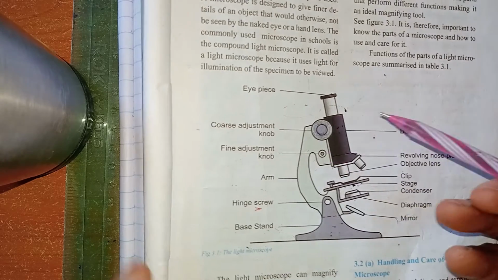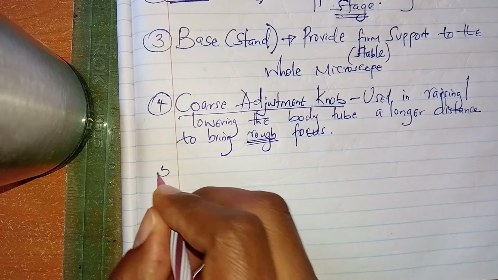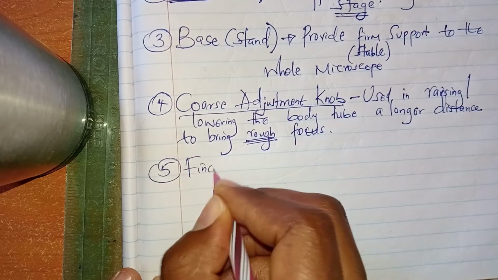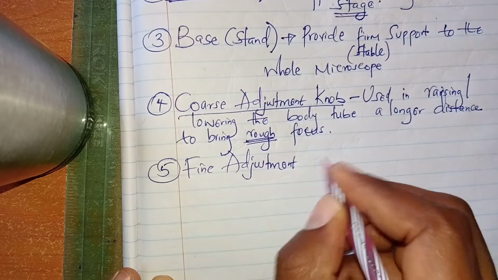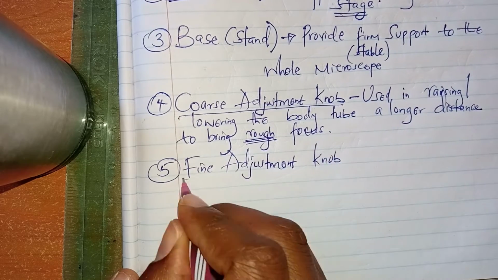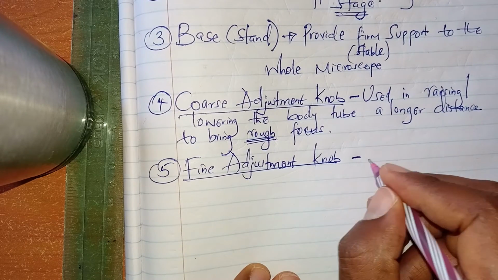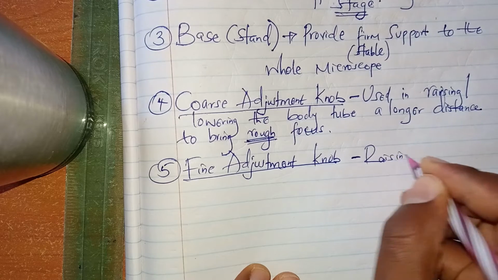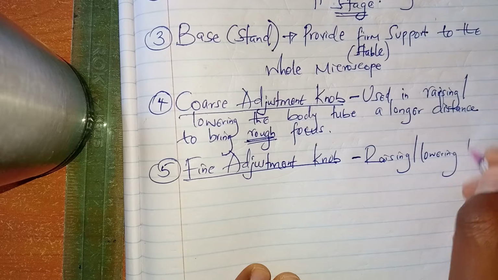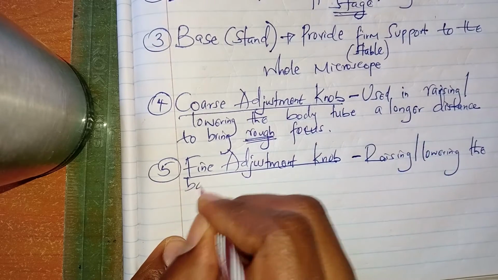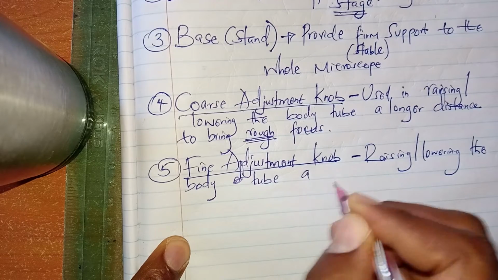The next one is the fine adjustment knob, the smaller one. Fine adjustment knob, number 5. This one now also is used for raising or lowering the body tube a shorter distance.